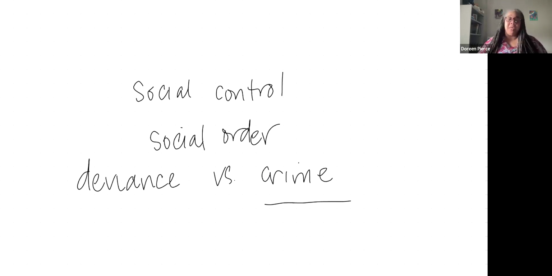And one of the ways that we externally maintain social control in a society with the goal of maintaining social order is we create these legal forces of authority whose job is to keep us in order. That's why when we're talking about formal norms, we're talking about laws. And when we're talking about deviation against formal norms or laws, that's when we talk about crime. All deviance isn't crime, but all crime is deviant.